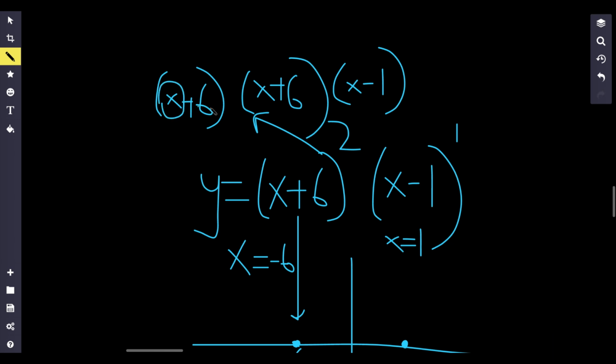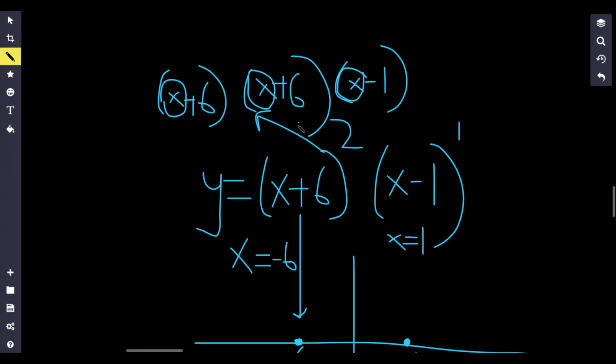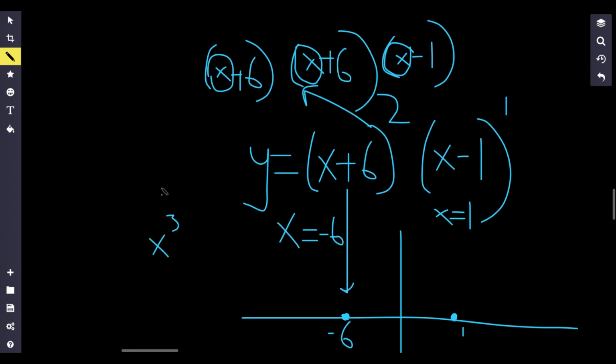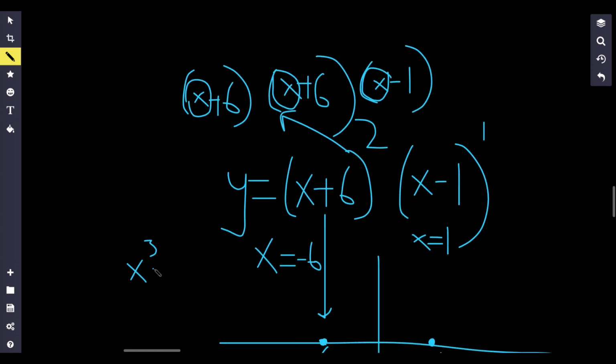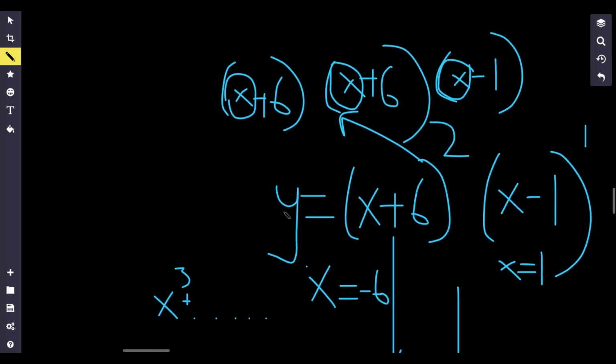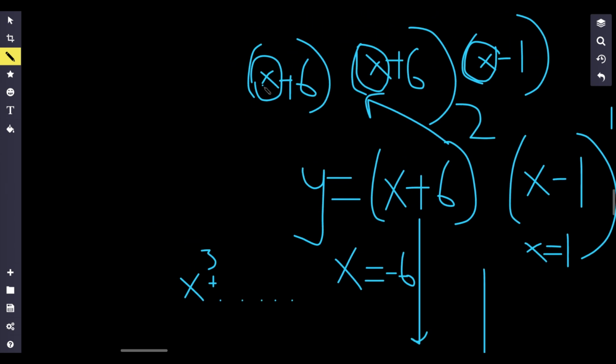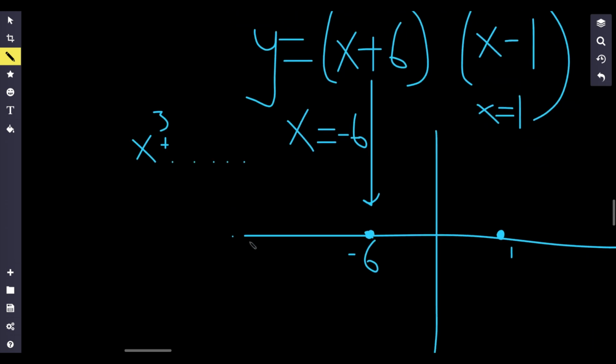So we have 1, 2, and 3 x's, meaning that if we multiply all of these together, the highest term we're going to get is x to the third power. We're only focusing on the highest term; we don't care about the other terms. So that's the second step: determining how many x's there are to get the highest power.